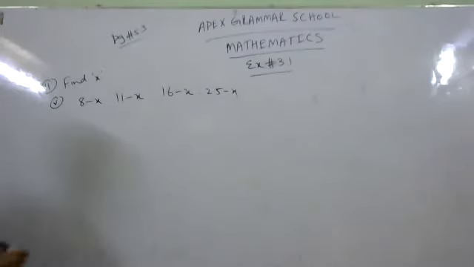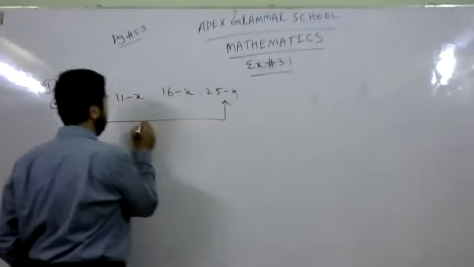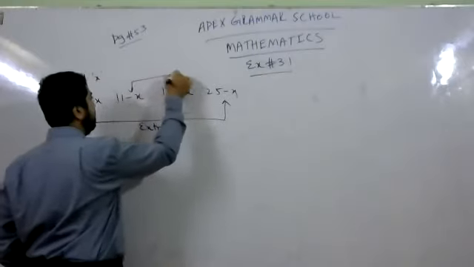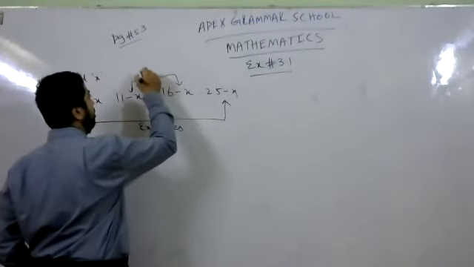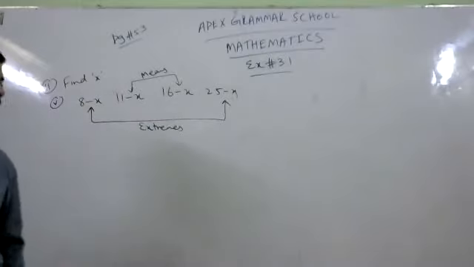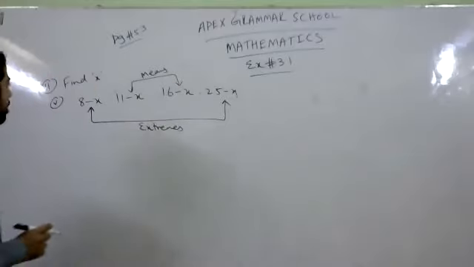Now you can see that 8 minus x and 25 minus x are called extremes, and 11 minus x and 16 minus x are called means. So product of extremes is equal to product of means.